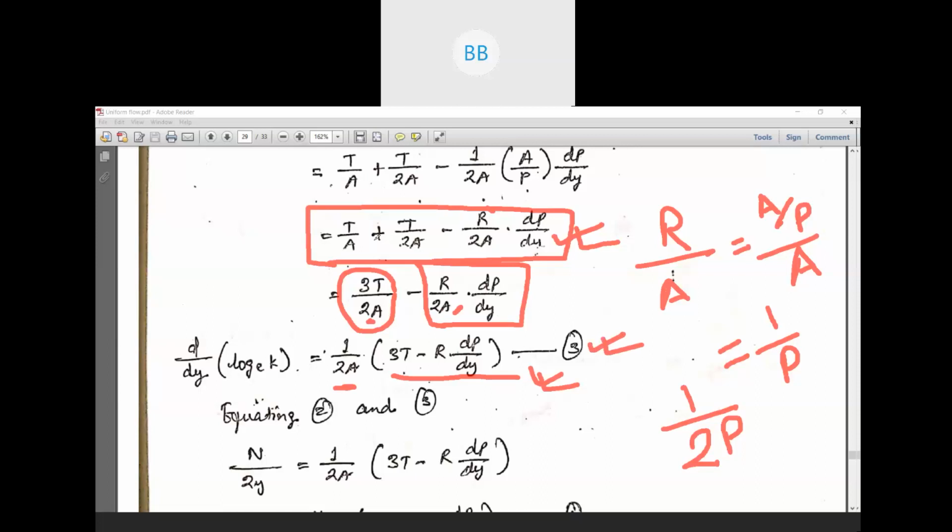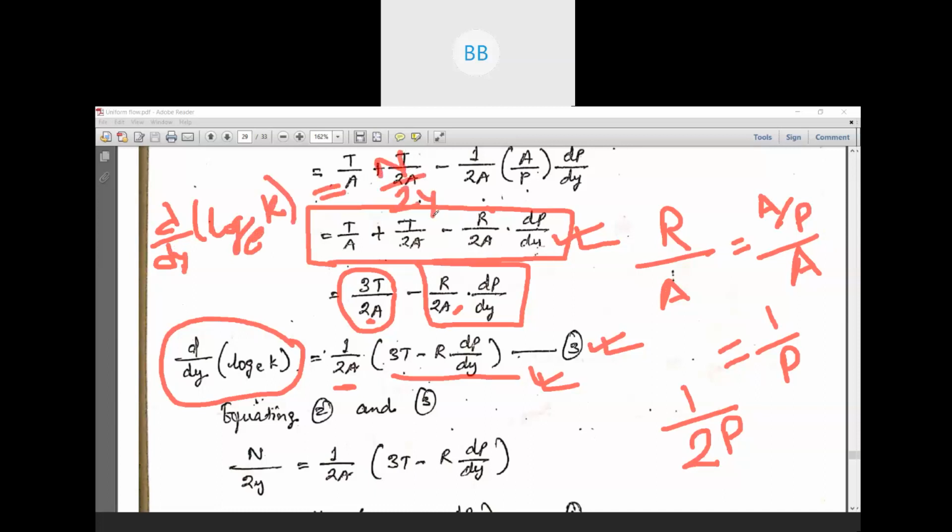Now in both equations, our left hand side is the same, that is d by dy log K. In equation number 2, it was d by dy log K is equal to N by twice y. That is our equation number 2, and this is our equation number 3.